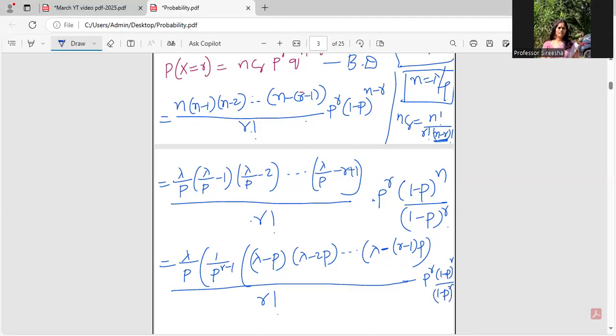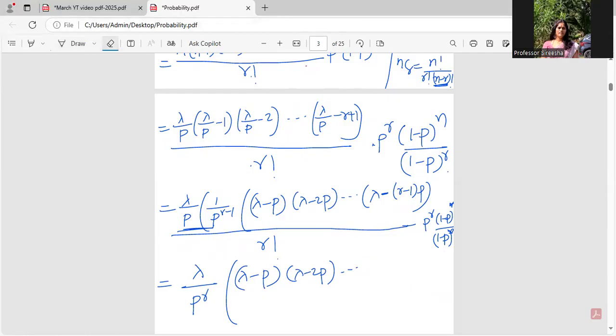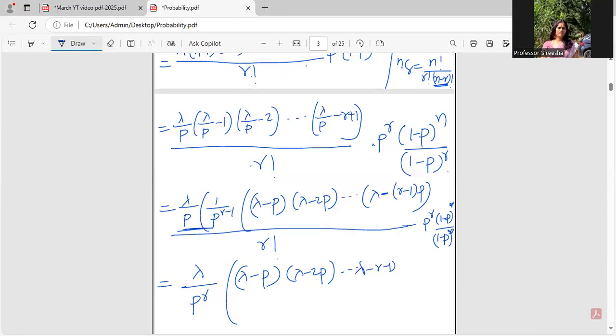If this p goes to the denominator, I will have lambda by p power r, into lambda minus p, lambda minus 2p, and so on, till lambda minus (r minus 1) into p.